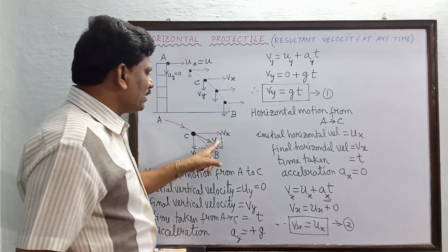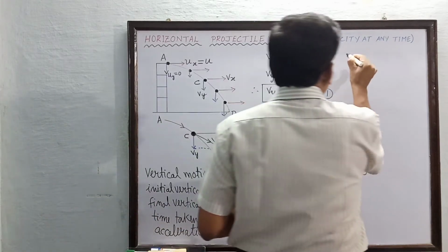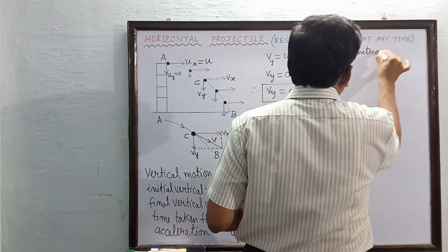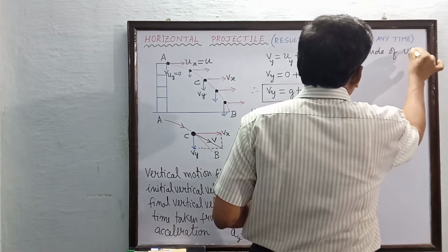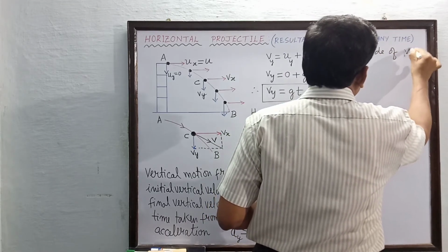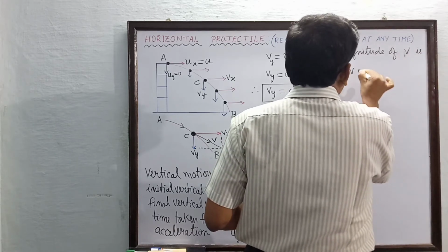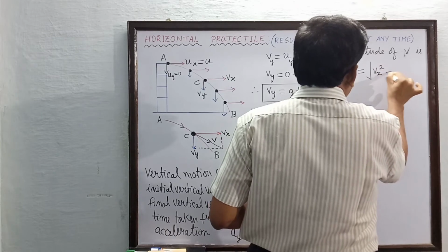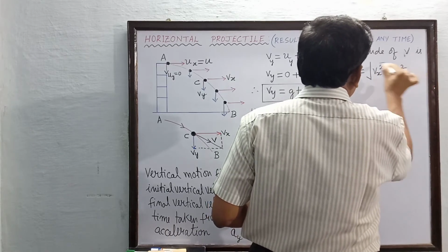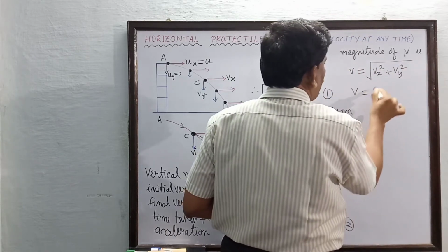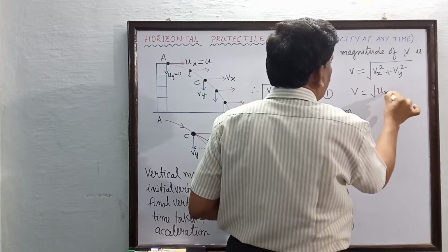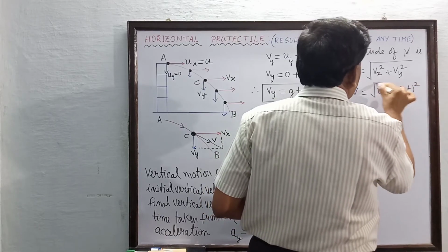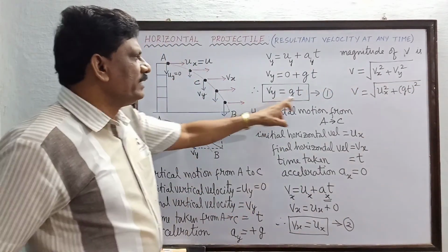The magnitude of the resultant velocity is v equal to square root of Vx square plus Vy square, or v equal to square root of Ux square plus gt the whole square, because Vy is equal to gt.